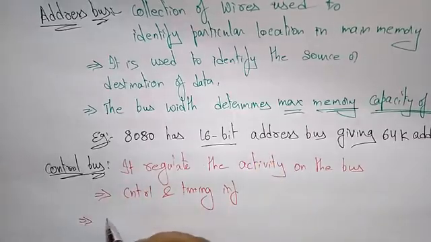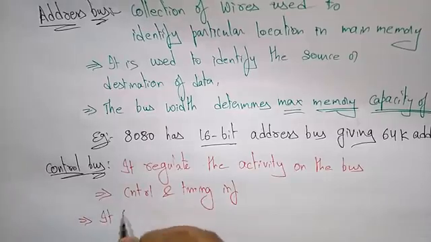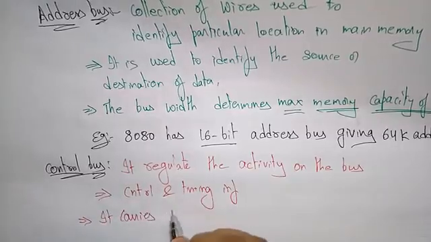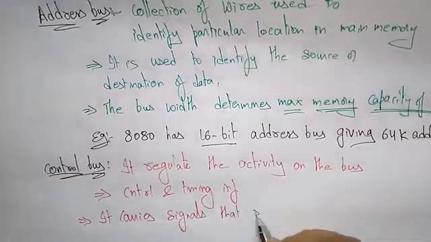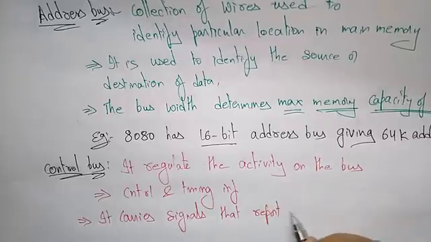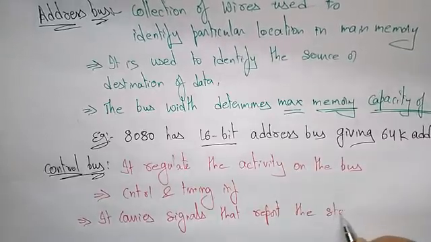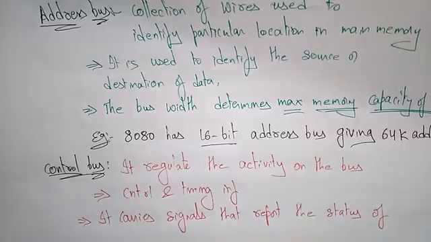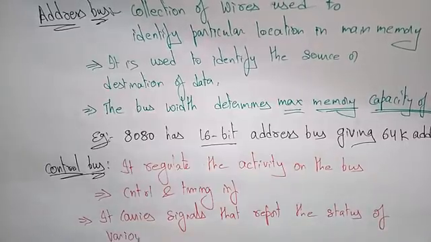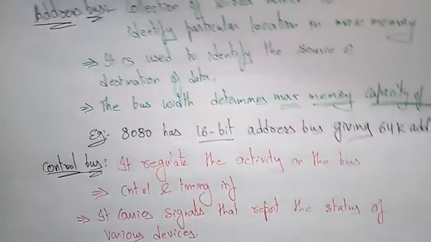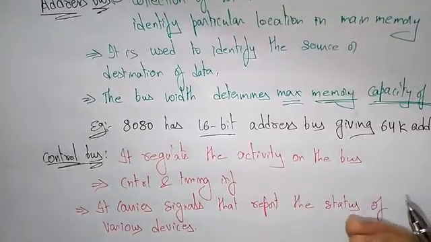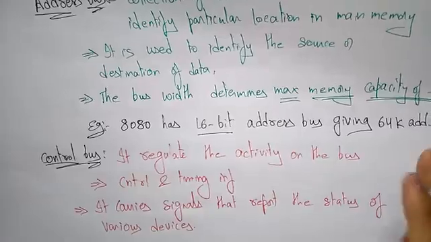The control bus carries signals, where each signal reports the status of various devices, meaning whether the device is ready or not, or whether the device is sending any data, like that. So it carries signals that report the status of various devices.